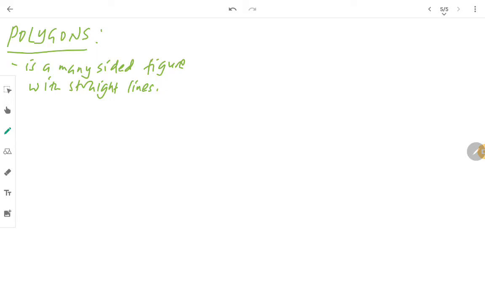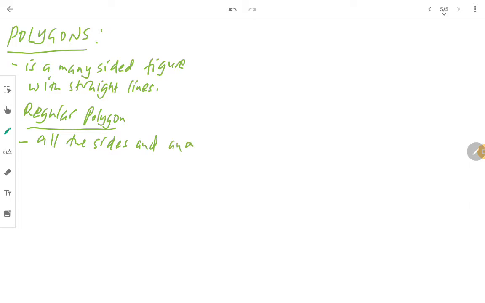We have two different polygons. We have the regular polygon and non-regular. So if you're talking about a regular polygon, we are saying that all the sides and interior angles are equal, as well as exterior.